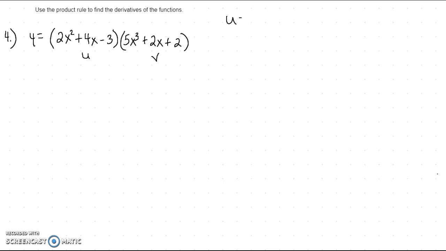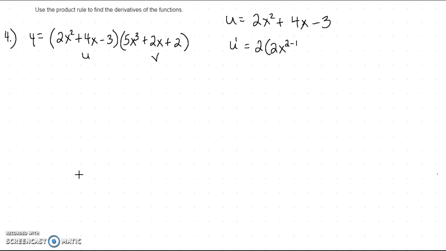So let's first start off with u. So u equals 2x squared plus 4x minus 3. And to find the derivative of u, we're going to use the power rule here. Okay, so 2 times my exponent, 2 times x to the power of 2 minus 1.